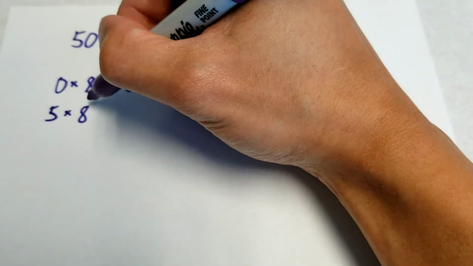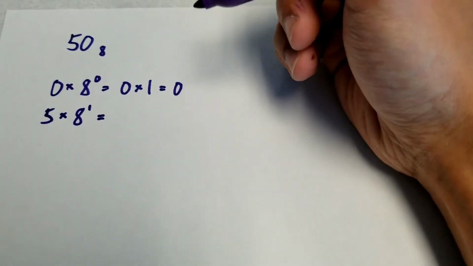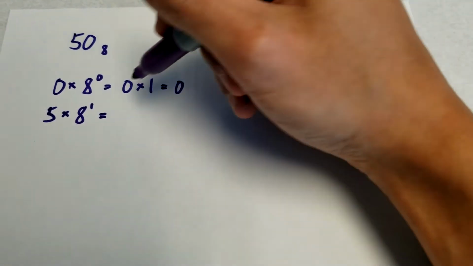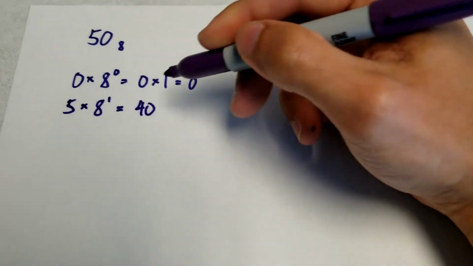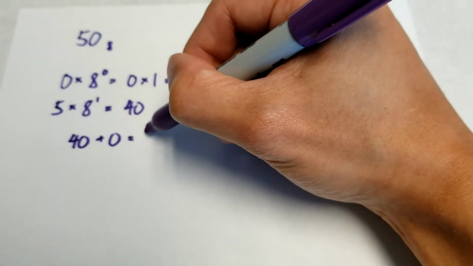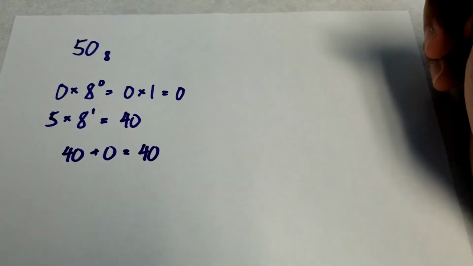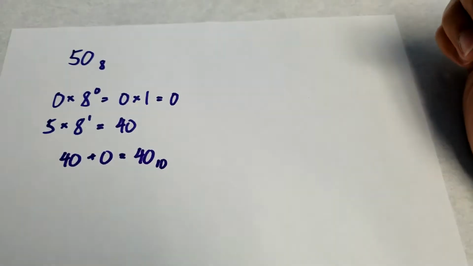So 5 times 8 to the power of 1, which means 5 times 8, so you get 40. And then after that, add them up. So 40 plus 0 equals 40. So that would be 40 in base 10.